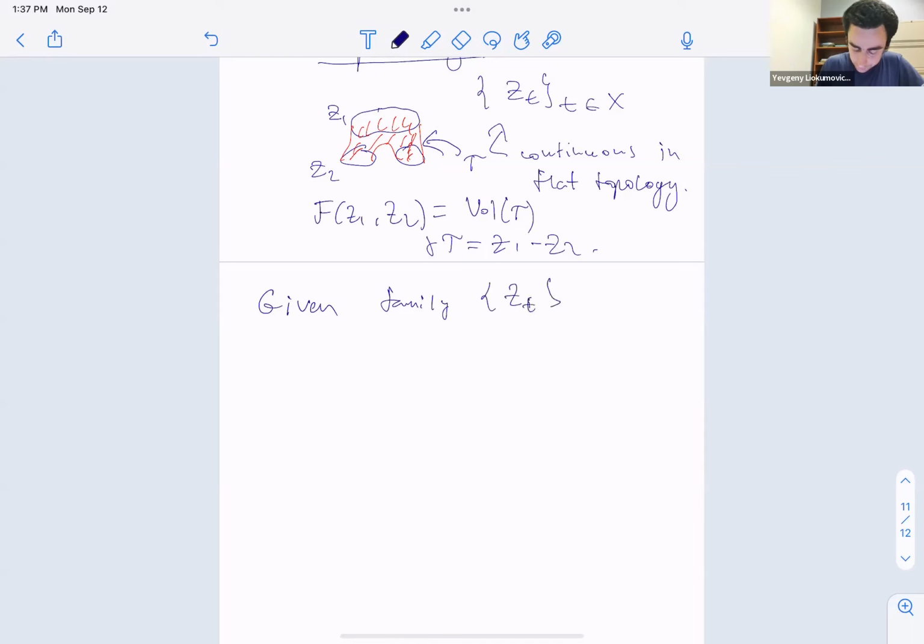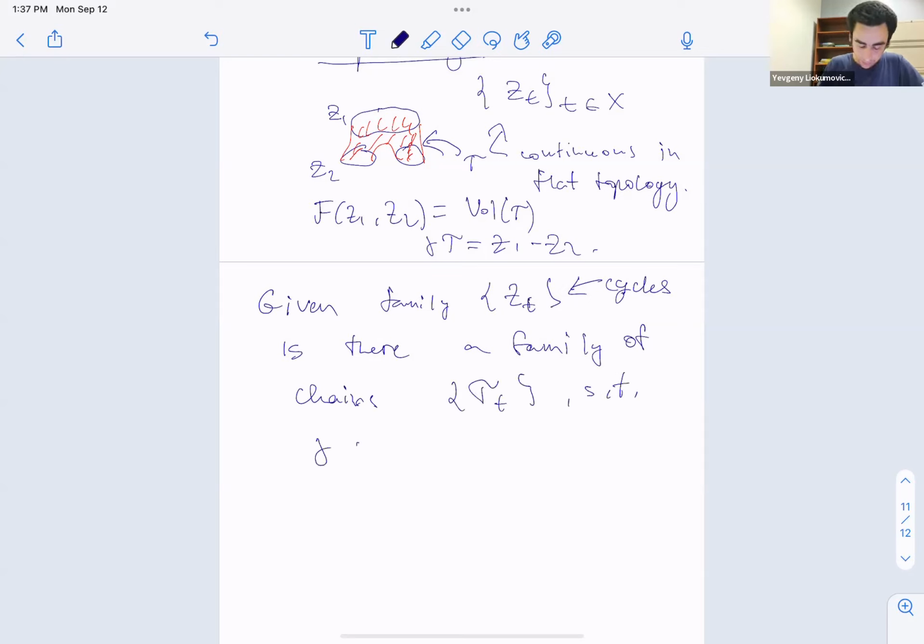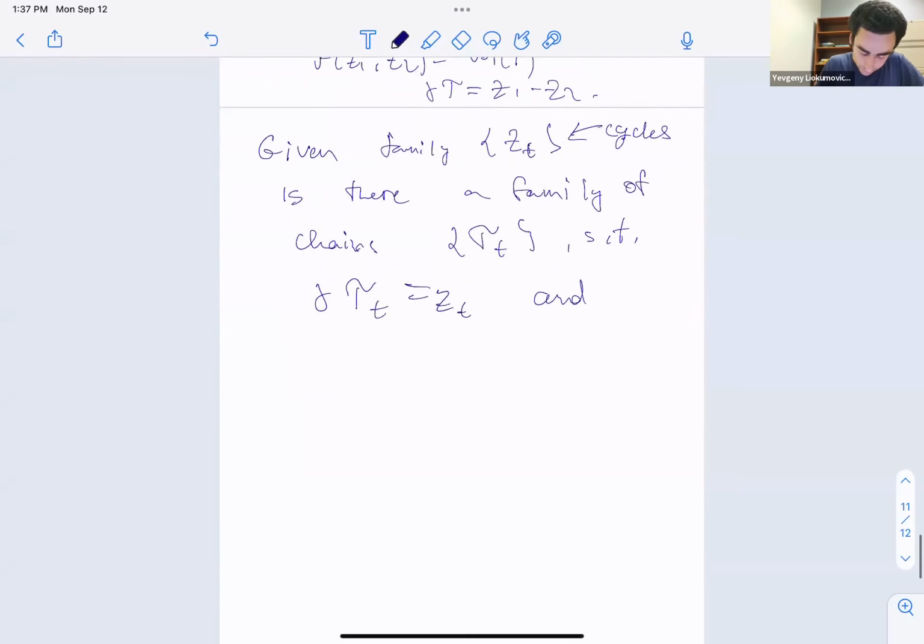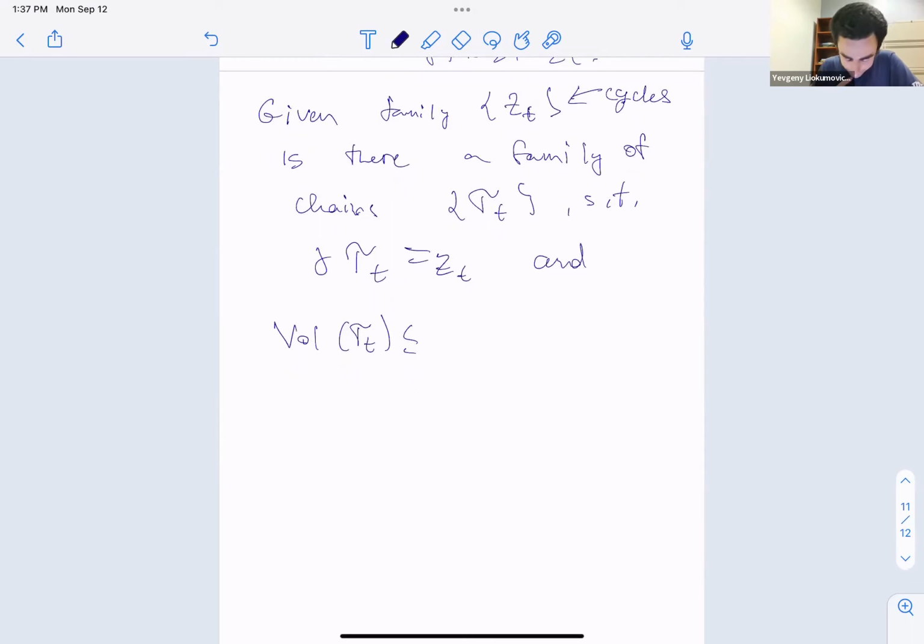So more specifically, given a family Z_t, is there a family of chains tau_t, such that the boundary of tau_t is equal to Z_t, and the volume of tau_t is controlled by a constant times the volume of Z_t to the power of (k+1)/k.